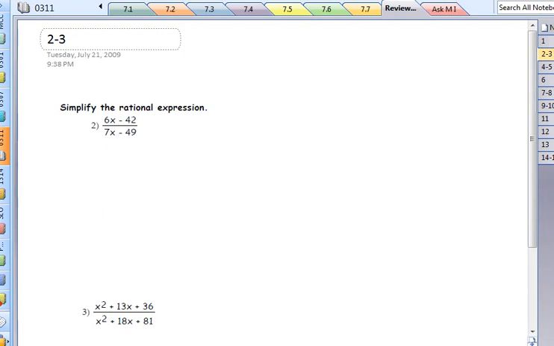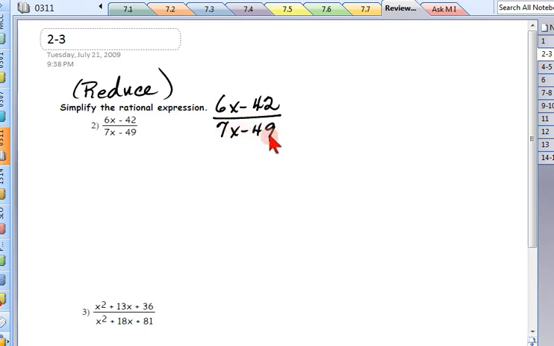Problem number 2. 2 and 3 have the same instructions. All it says is to simplify the rational expression. And hopefully you remember that simplify is another word for reduce. So I'm supposed to reduce 6x minus 42 over 7x minus 49.